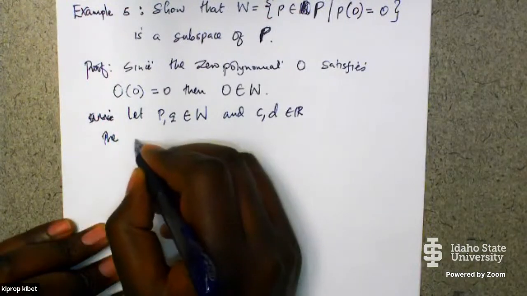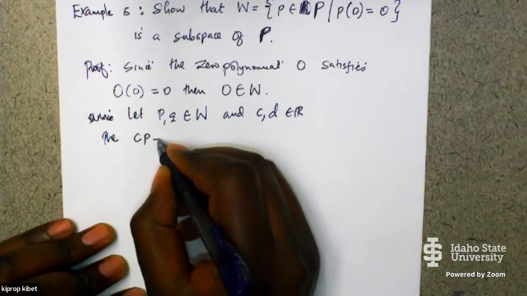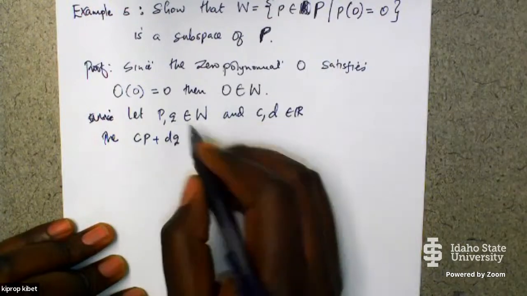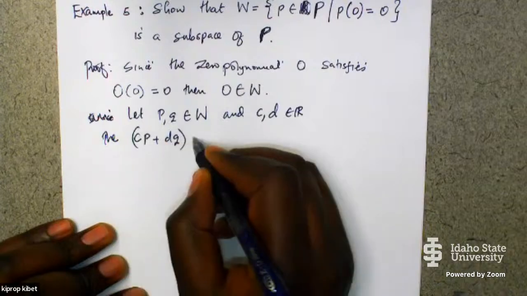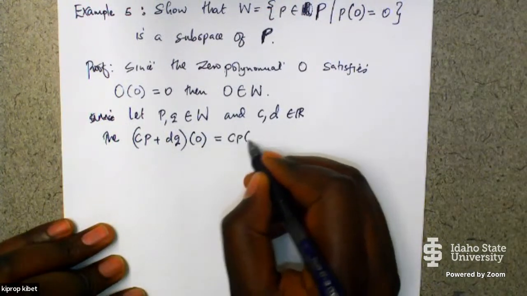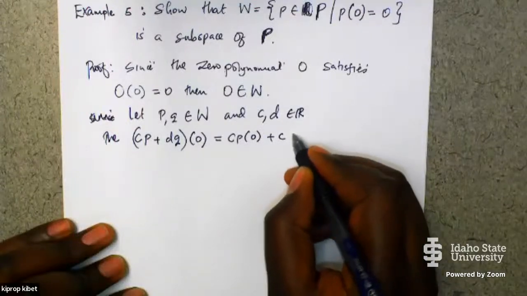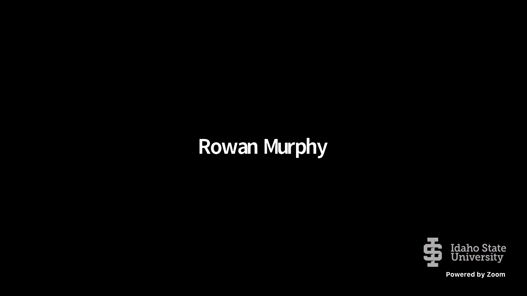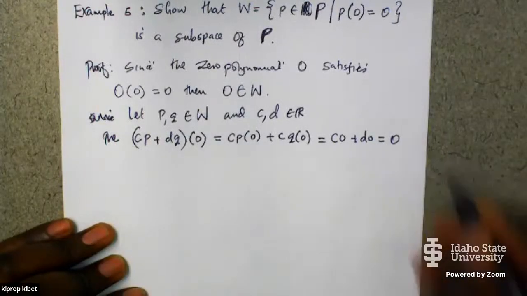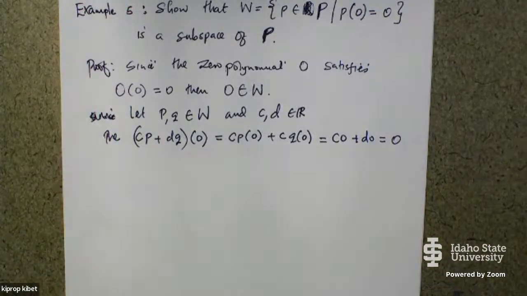Then CP plus DQ, evaluated at 0, is equal to CP(0) plus DQ(0), which is equal to C0 plus D0, which is equal to 0.